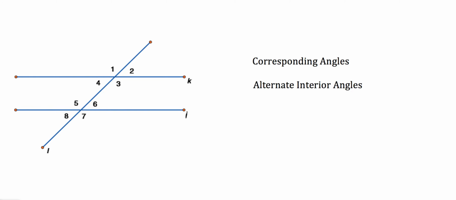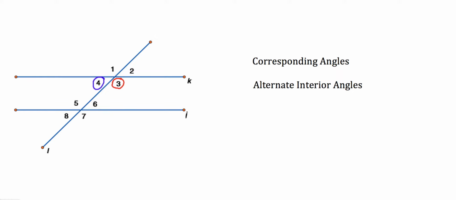So, for example, if I give you one of these angles on the inside, let's say angle 4, its alternate interior angle must be angle 6. It's on the inside, interior, and on the alternate side, alternate interior. The last pair would be angle 5 and angle 3. So these are our 2 pairs of alternate interior angles.